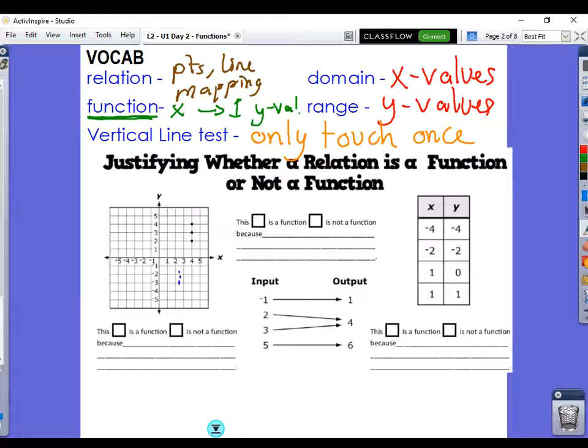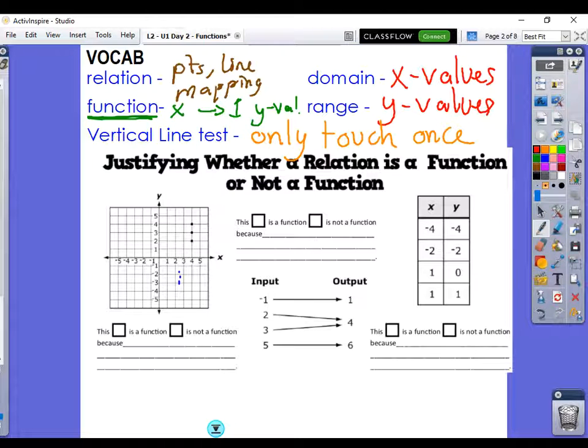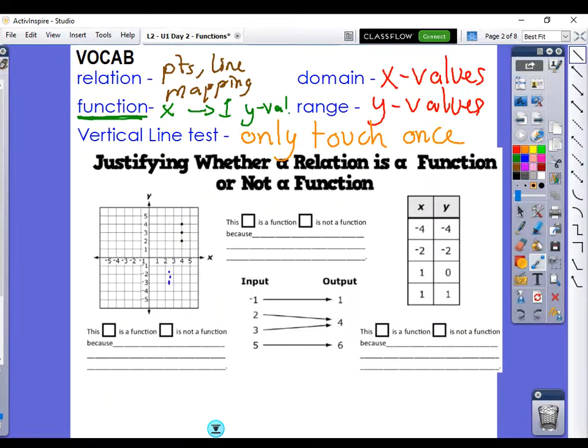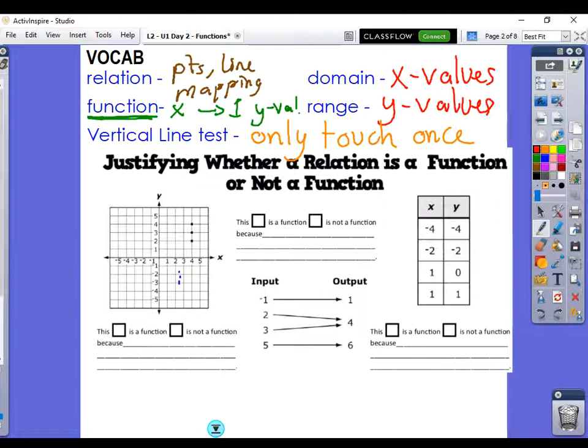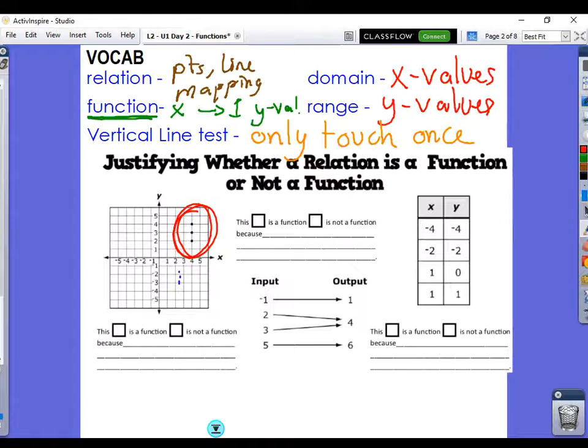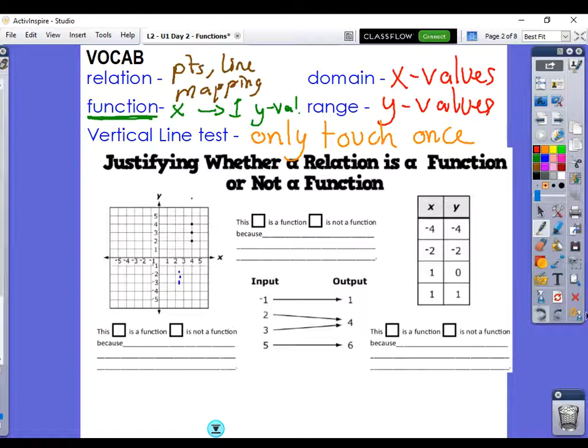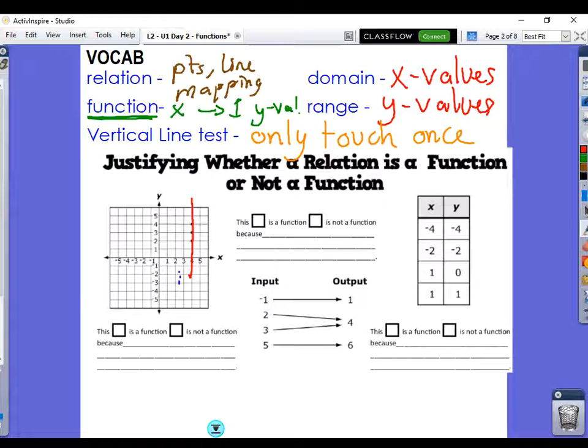Okay? So let's jump in real fast using that vertical line test. You'll see this is why I had that blue line here. In this particular example, we have these three dots right here. If you draw a vertical line, it hits those three dots all at the same time, which actually means that we fail the vertical line test.